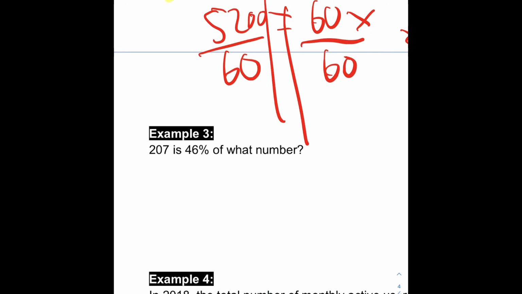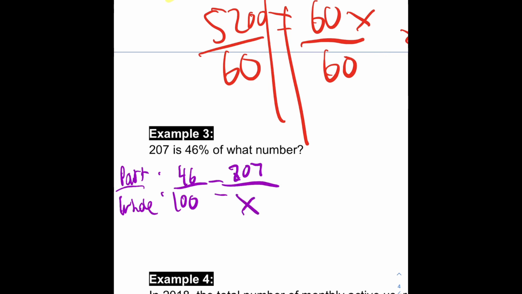$207 is 46% of what number? So again, part to whole. I know 46% is part of my 100, which is the whole. 207 is 46% of some number that I'm not sure of. So that's why we need to put our x on the bottom, because the whole number is what we're trying to find.